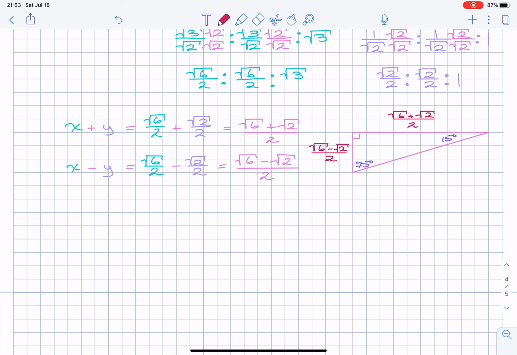So in a 15, 75, 90 right triangle, what do I have? So let me make sure that we know.